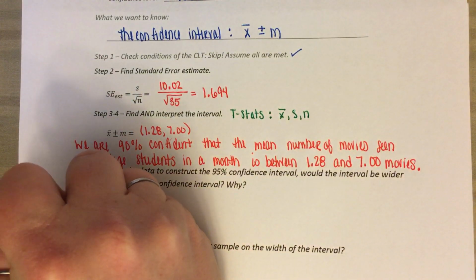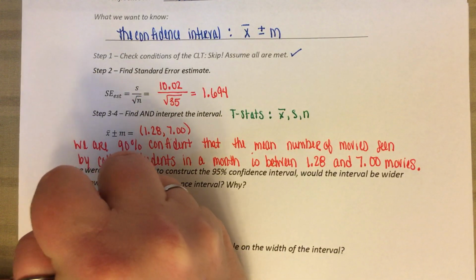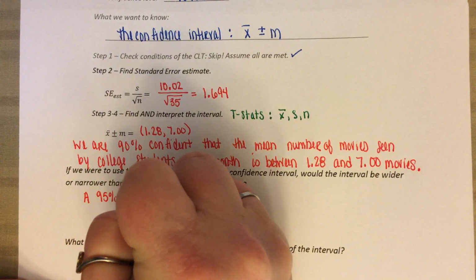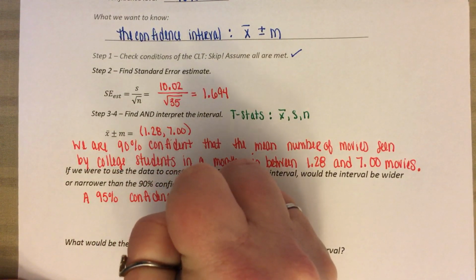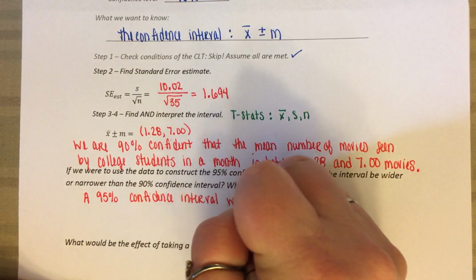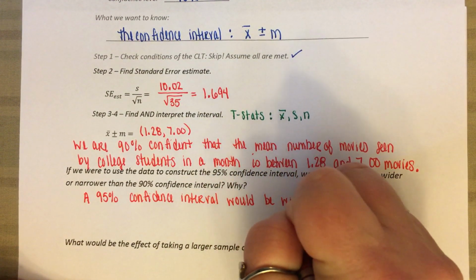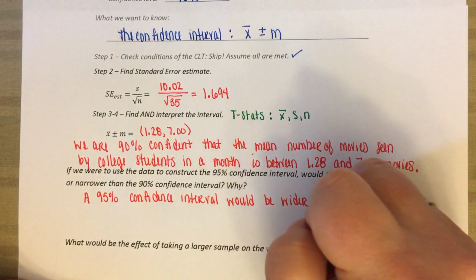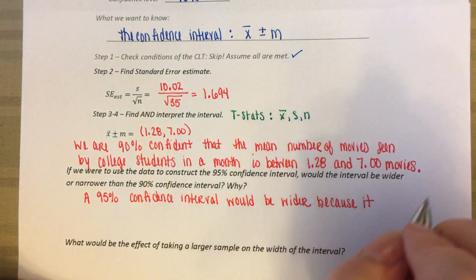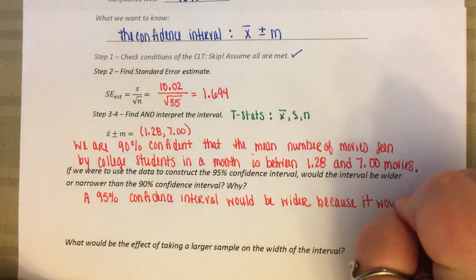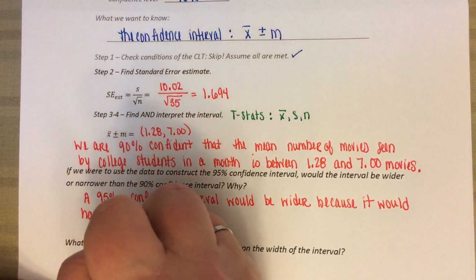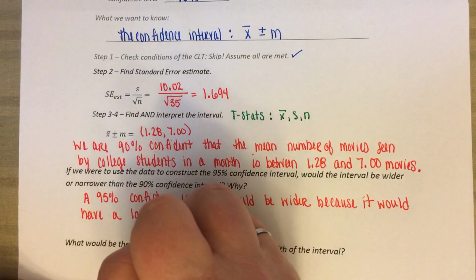We're going to say a 95% confidence interval would be wider because it would have a larger margin of error.